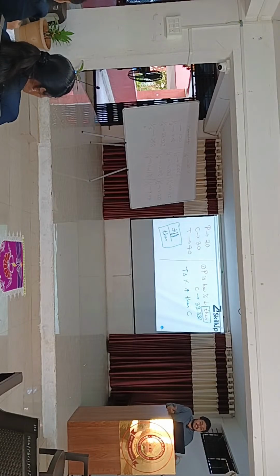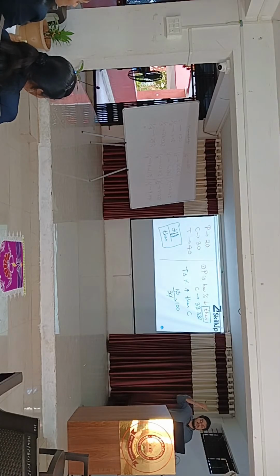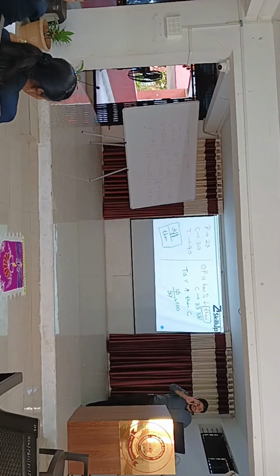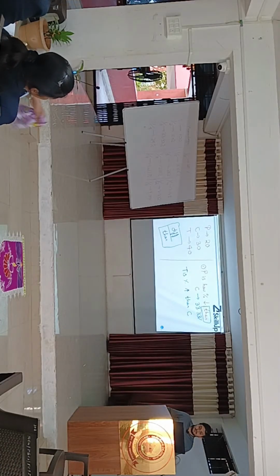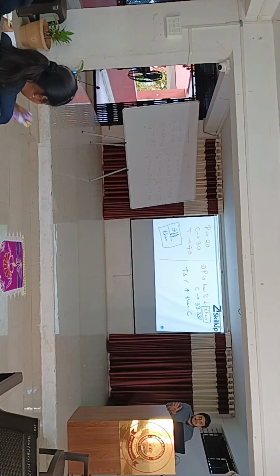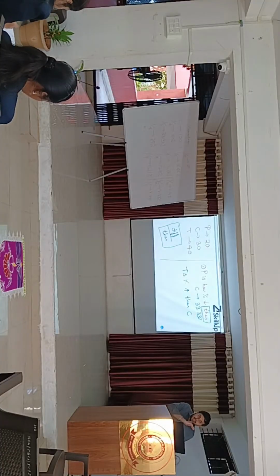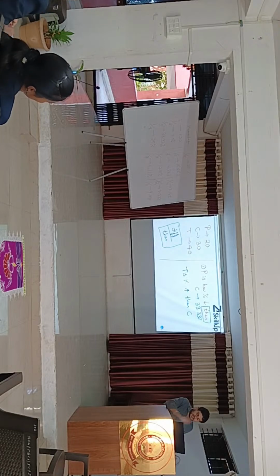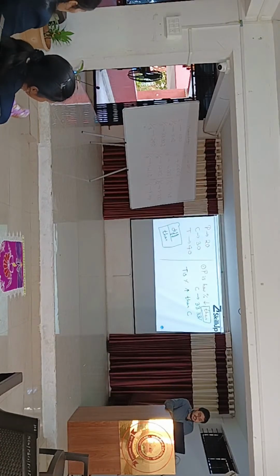T and C difference is 10, divided by 30 into 100. 0 and 0 will cancel. 1 by 3 is how much? 33.33. So your answer is 33.33. I hope you are understanding the difference. Correct? So these are the very basic questions that will be asked in your percentages concept. Shall we go and solve some questions?